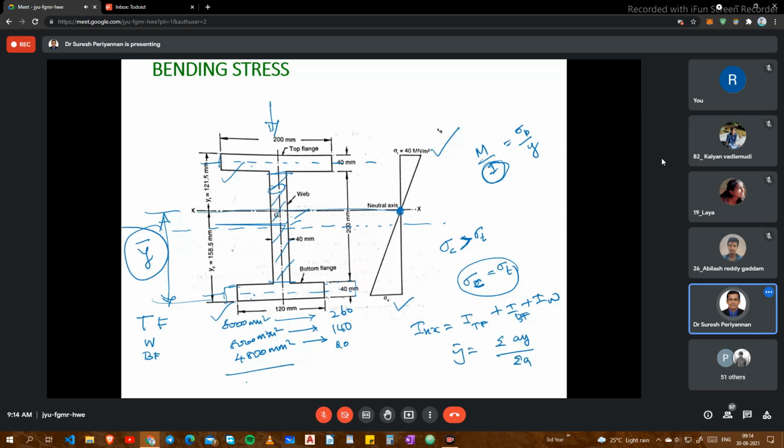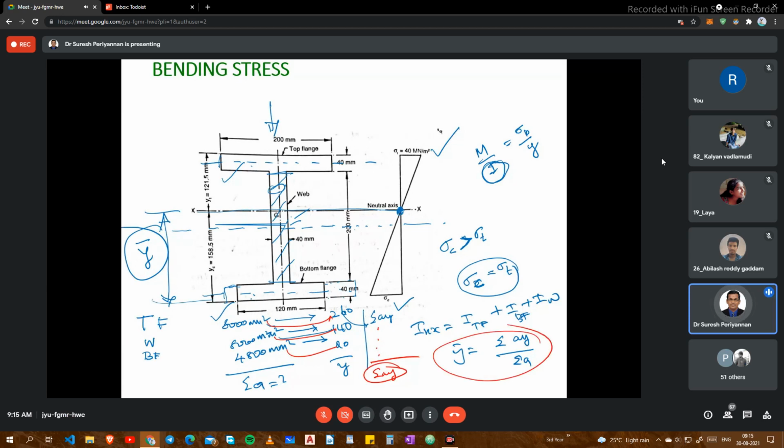You have to find out sigma A, and this is our Y for each component. Now multiply A and Y for this, this, and this. I take another color. These two multiply, these two multiply, these two multiply. Put it here, then find out sigma AY. Finally you are going to find out Y bar.